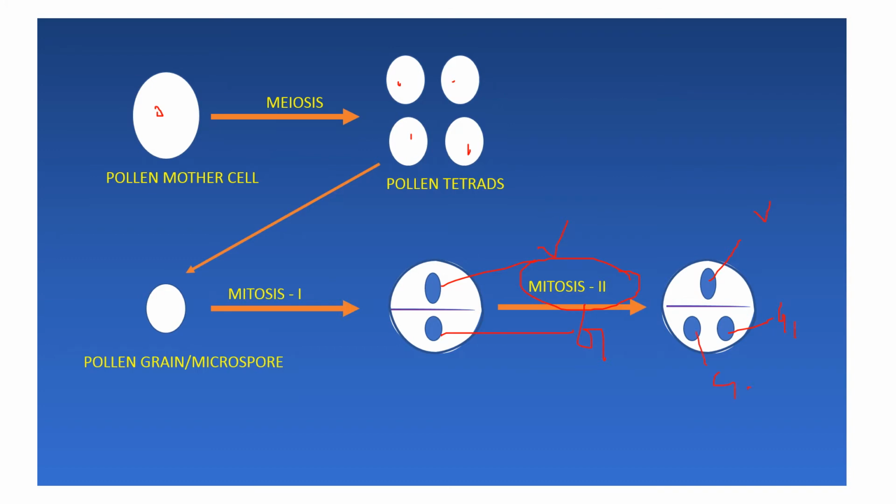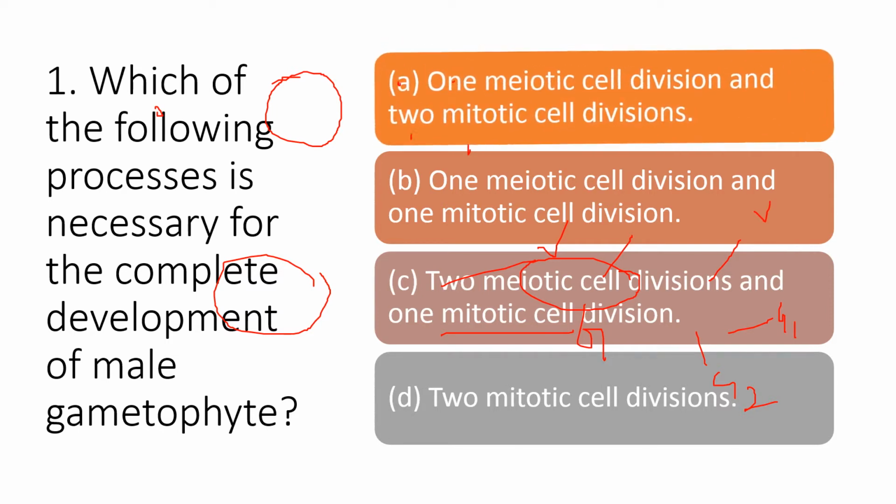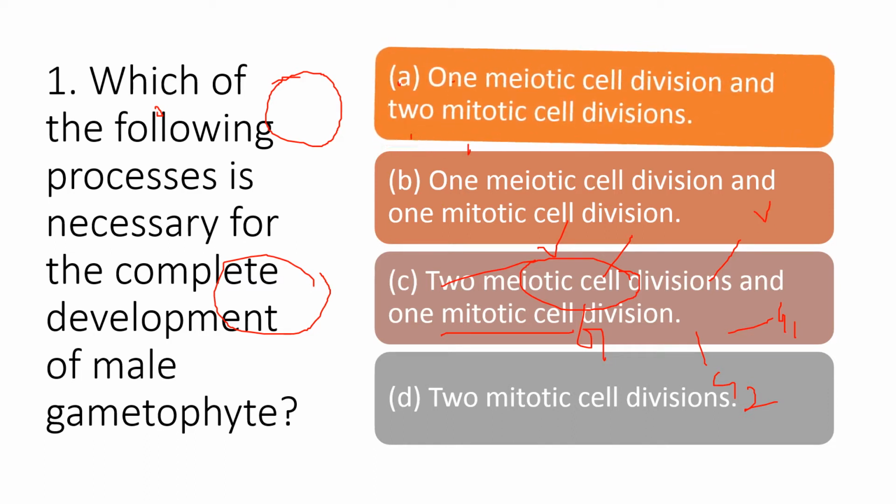So to produce a male gametophyte, 1 meiotic division and 2 mitotic divisions are required. So the correct answer is 1 meiotic cell division and 2 mitotic cell divisions.